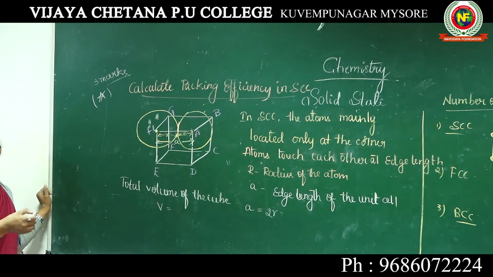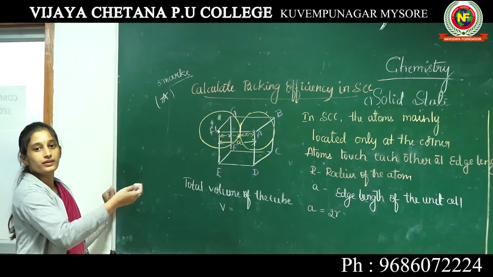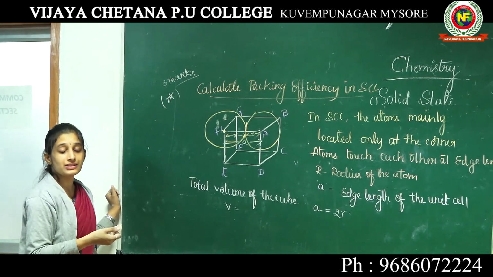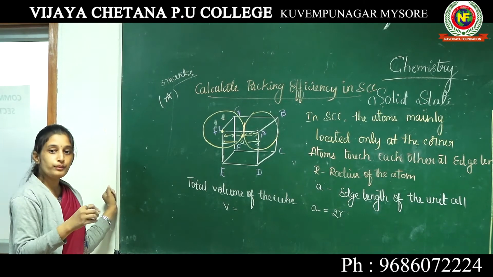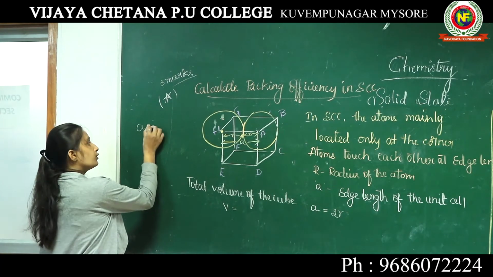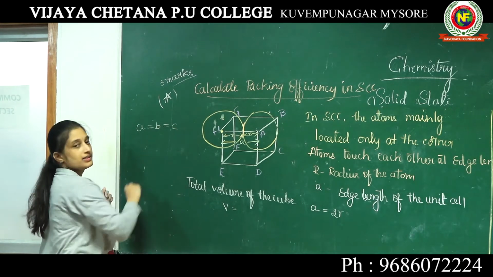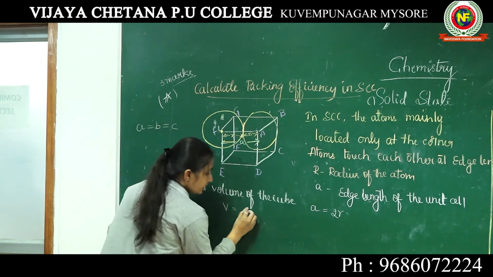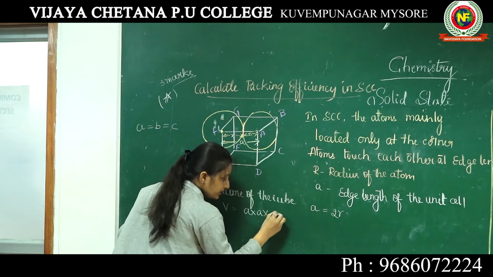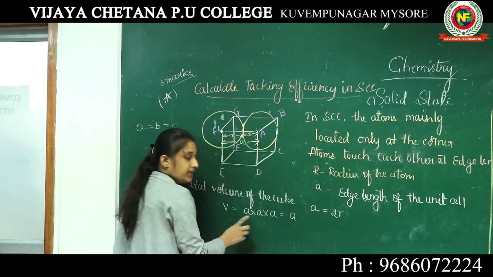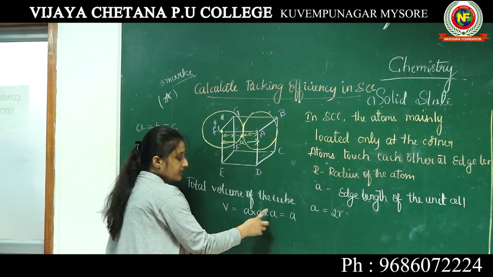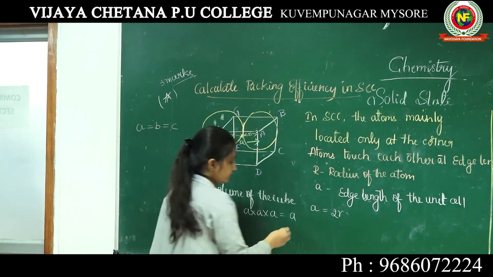Length into breadth into height. It's a cube. I already explained in crystal system. a is equal to b, b is equal to c. So, a into a into a is equal to a cube.